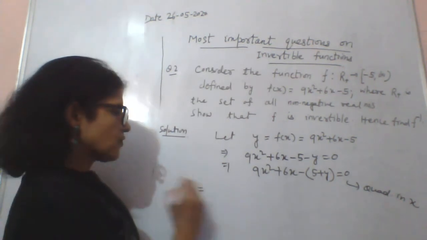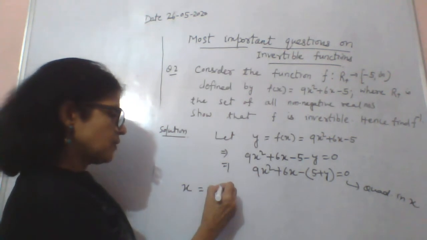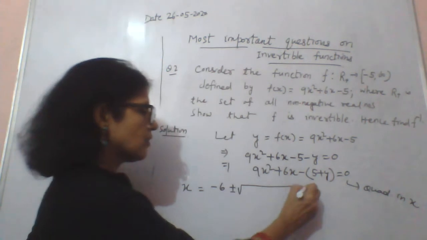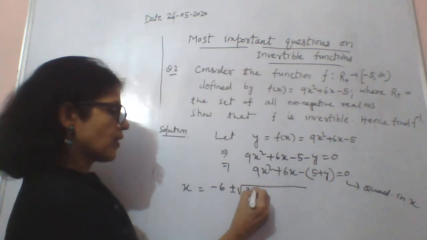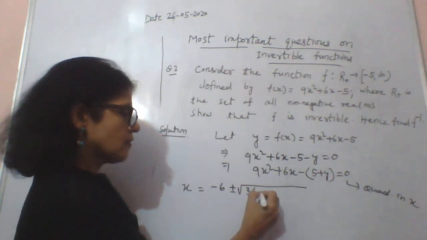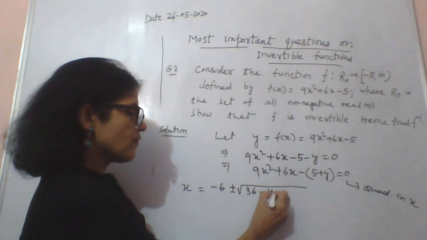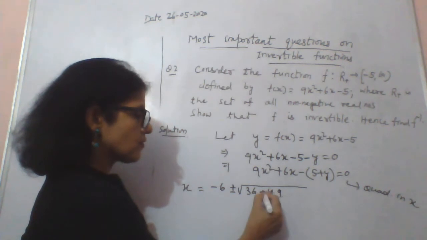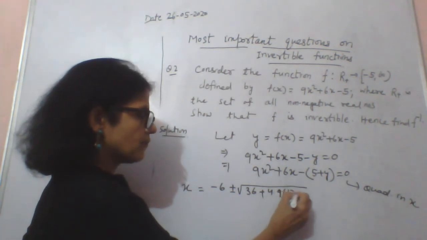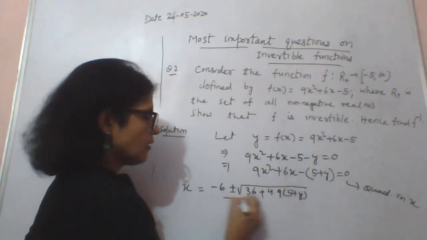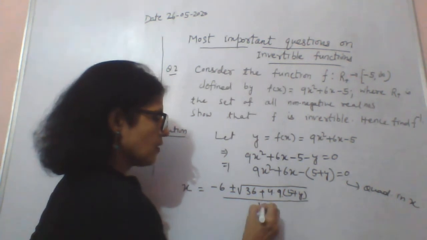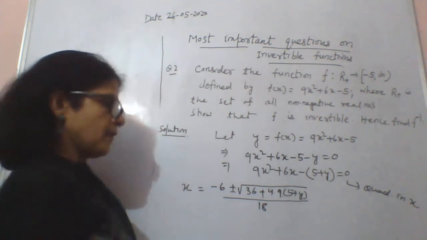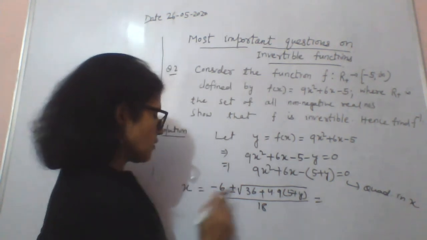So x equal to −b, that means −6 ± under root b² = 36 − 4ac, where c is minus of this, so it will be plus, divided by 2a. We are using the quadratic formula.